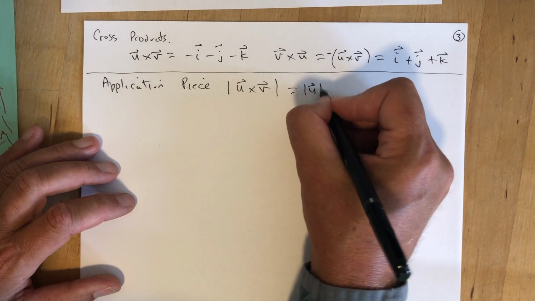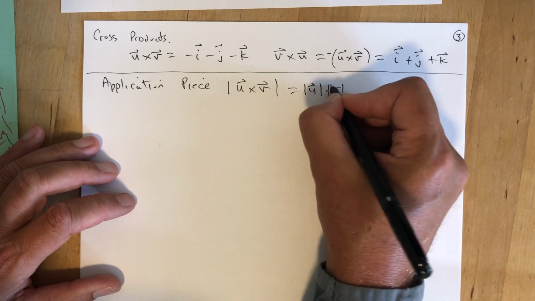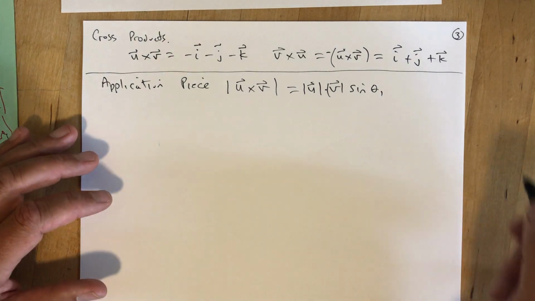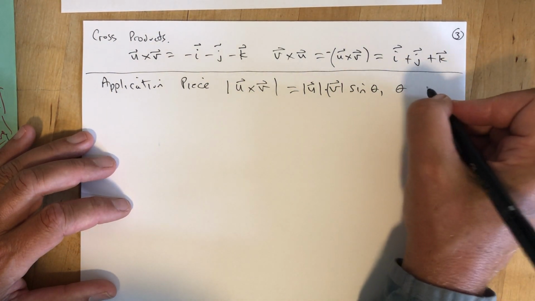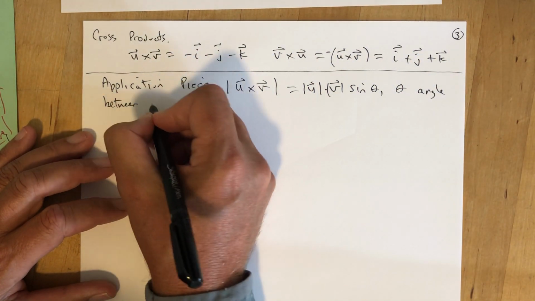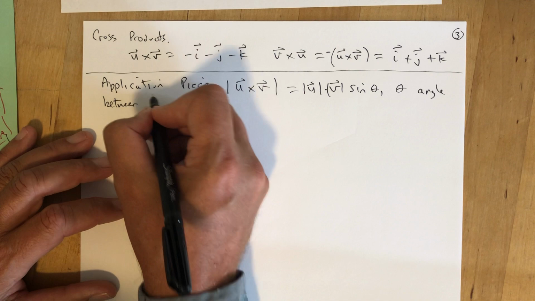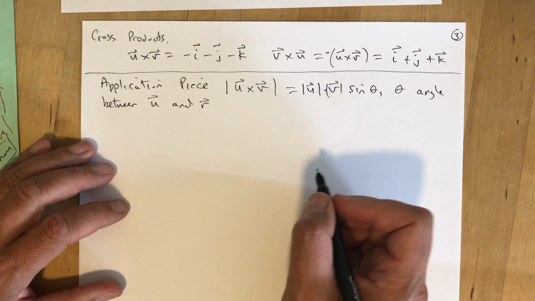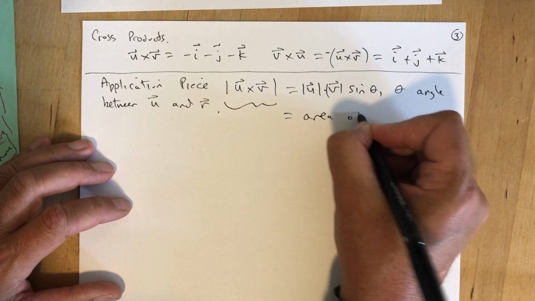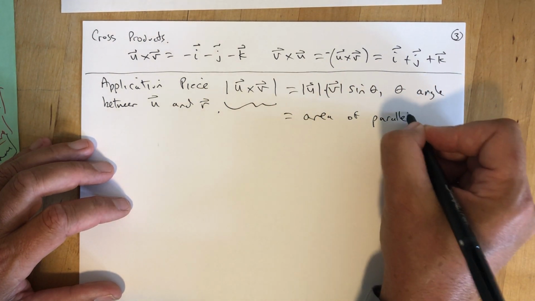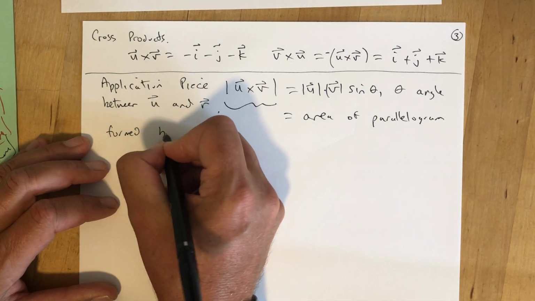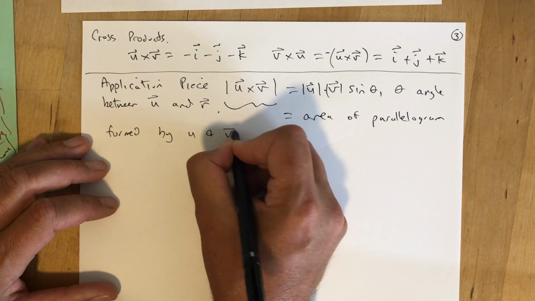This is the length of u times the length of v times the sine of theta, where theta is the angle between u and v. But this number here also equals the area of the parallelogram formed by u and v.